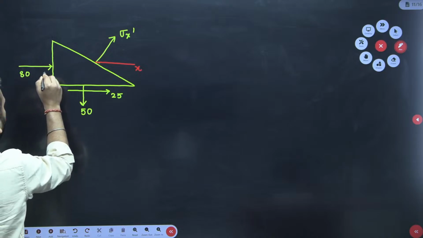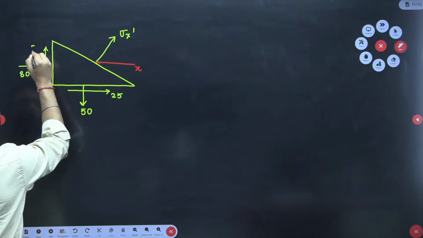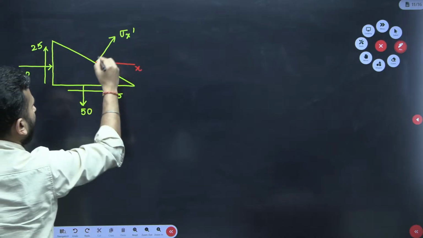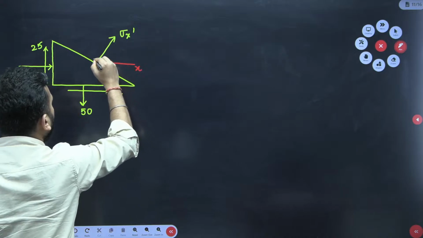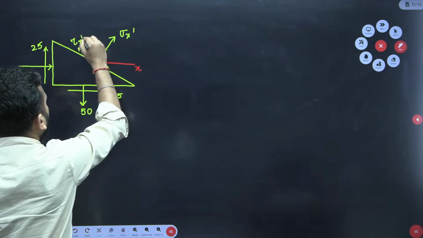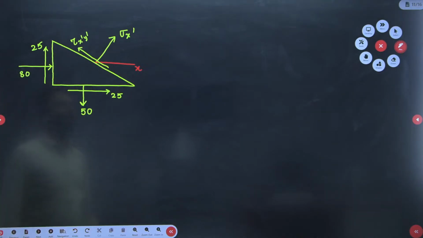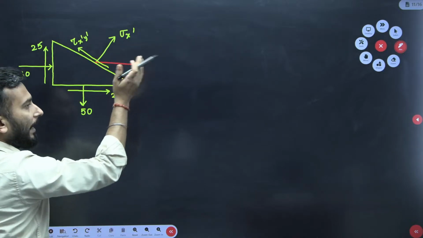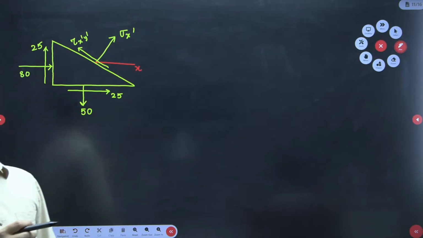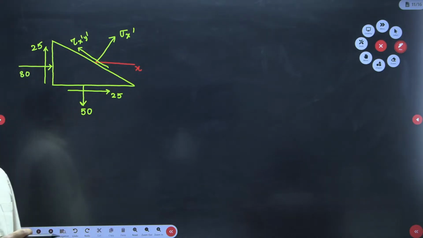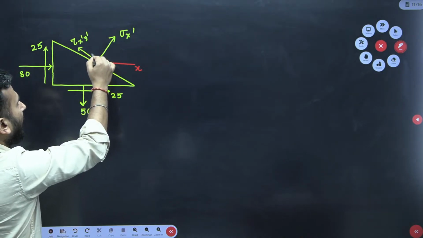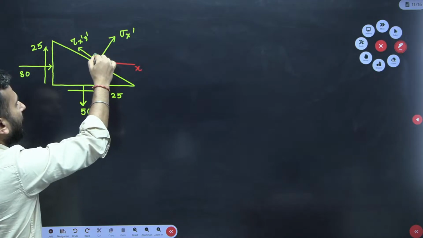And over here in the vertical direction 25 shear stress is there, and sigma x dash is there in this direction, and tau x dash y dash is there in the plane of the figure. And clearly, what is the angle between sigma x dash and tau x dash y dash? It is 90 degree.